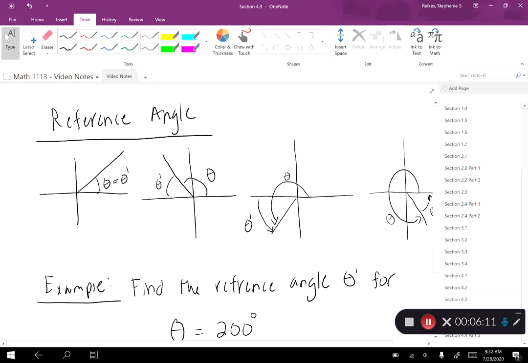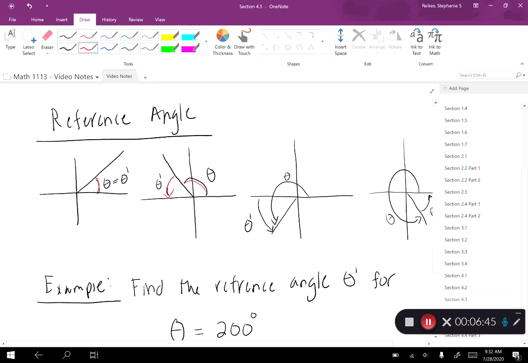Next, the reference angle. The reference angle for theta is the acute angle theta prime, and it is formed by the terminal side of theta and the x-axis. So if we're in quadrant 1, our theta and our theta prime are the same. If my angle is in quadrant 2, then theta prime, my reference angle, is the remaining distance it takes me to get to the x-axis.